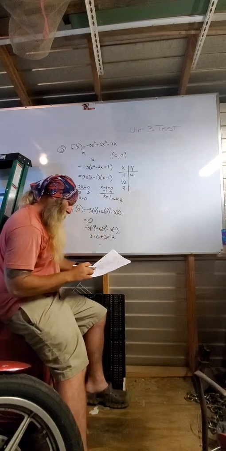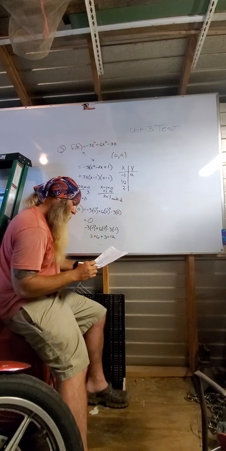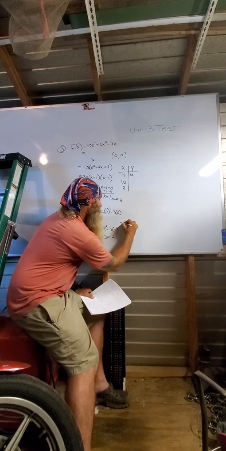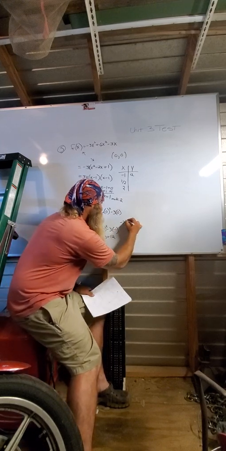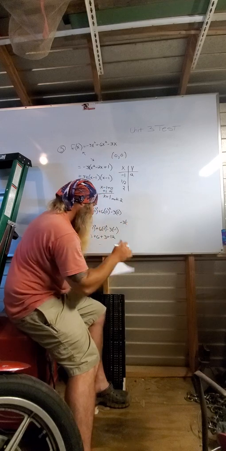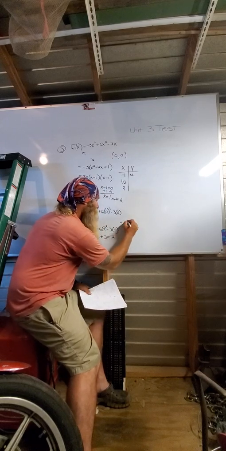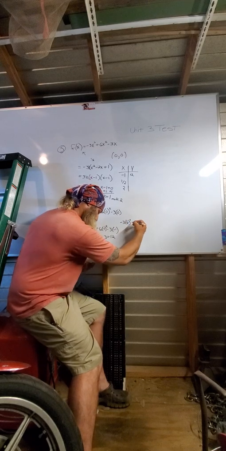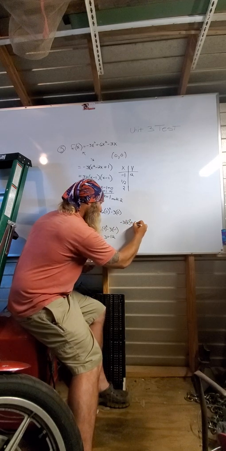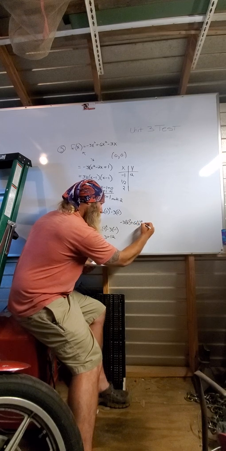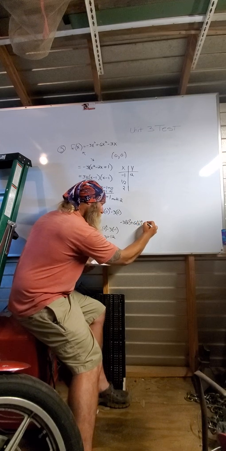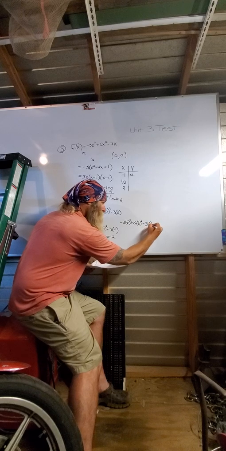Okay, we have 1/2, which is negative 3 times 1/2 to the third, plus 6 times 1/2 squared, minus 3 times 1/2.